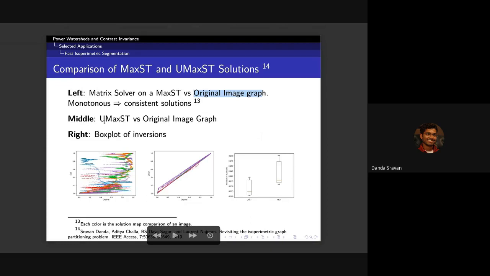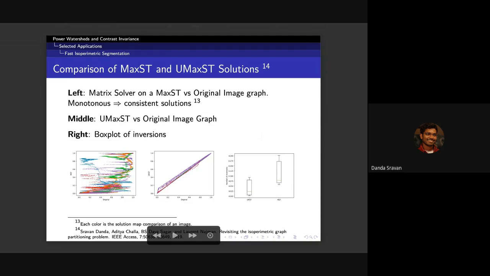On the other hand, our solution is slightly slower than doing it on an arbitrary maximum spanning tree, obviously, because it has slightly more edges. But the advantage is that these are consistent with solving the linear system on the original image graph.